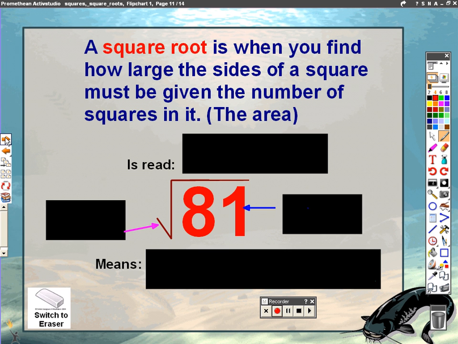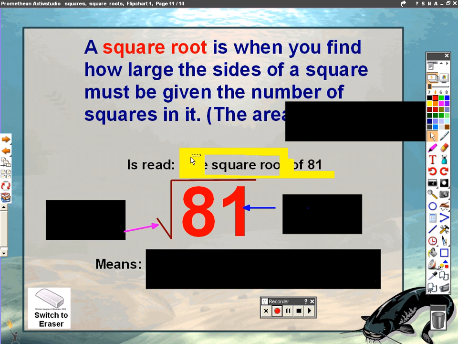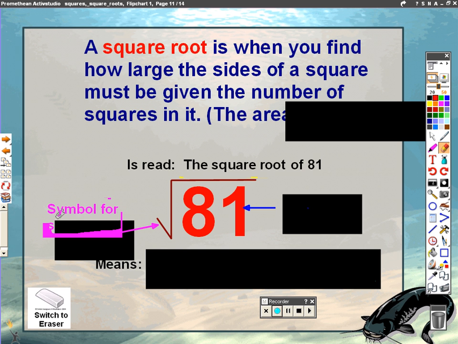Okay, this is red. As the square root of 81. Let me get my eraser. It didn't erase all the way. Square root of 81. This here is the square root symbol.